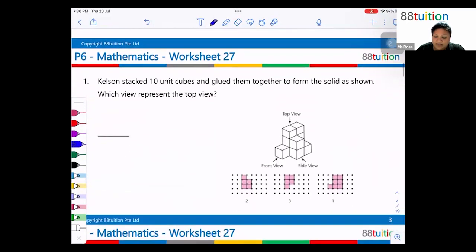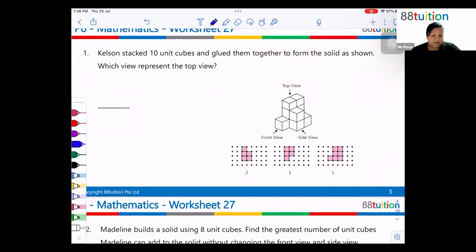All right, let's have a look at question 1. In question 1, Calcium stacked 10 unit cubes and glued them together to form the solid below. Which view represents the top view?